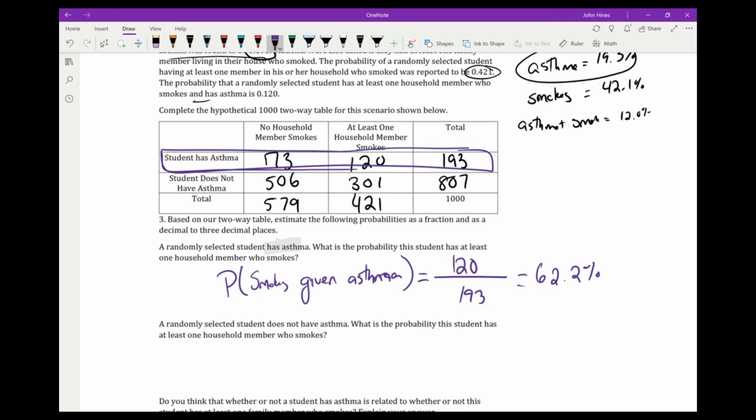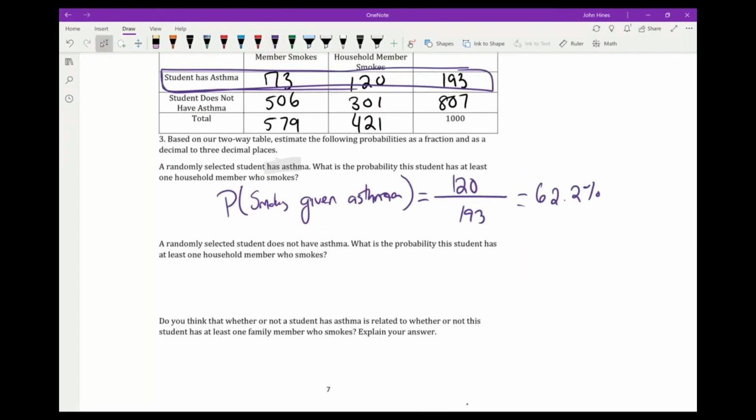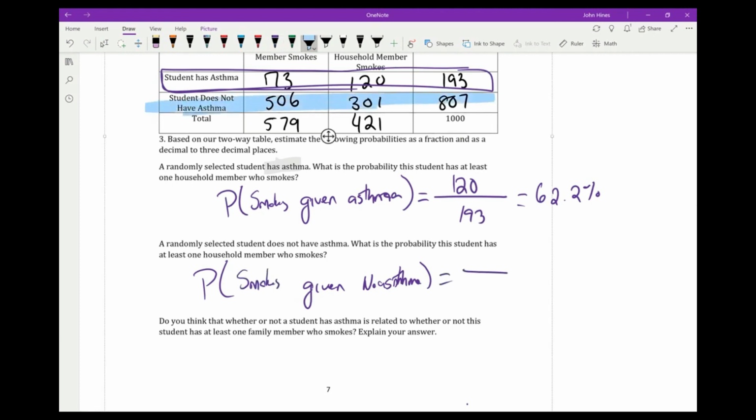So I was given that they have asthma, so I wasn't picking from everybody. I was only picking from that row. A randomly selected student does not have asthma, so I was given no asthma. What's the probability that this student has someone who smokes in their household? So smokes given no asthma. Now I'm looking at this row. I'm looking at the 807 over smokes.